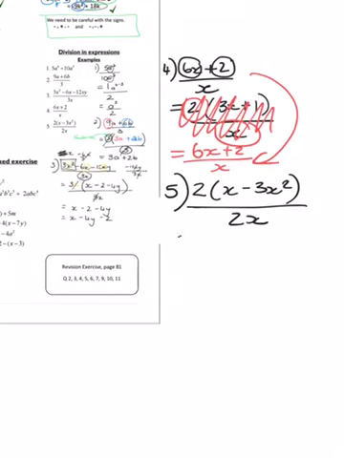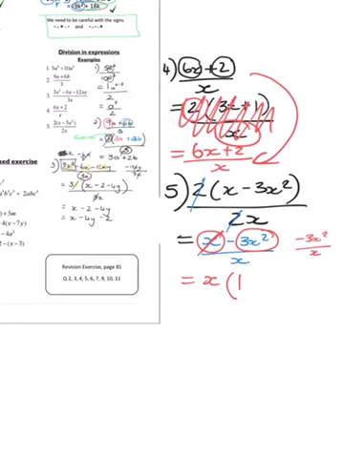So for number 5 now, we can cancel the 2's top and bottom. And we're left then with x minus 3x squared all over x. And then at the top, I can see I've got an x there and an x there. So I could take out a common x. If I take it out completely from this bubble, I have to replace it with a 1. And if I take it out of the second bubble, it's negative 3x squared all over x.